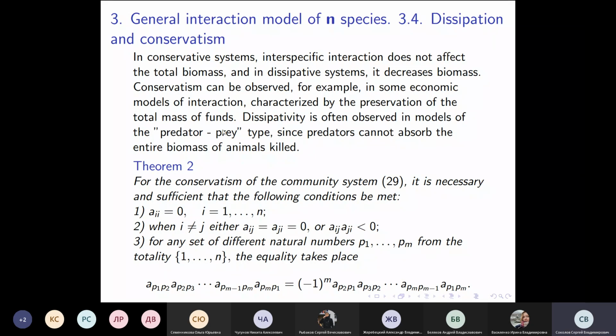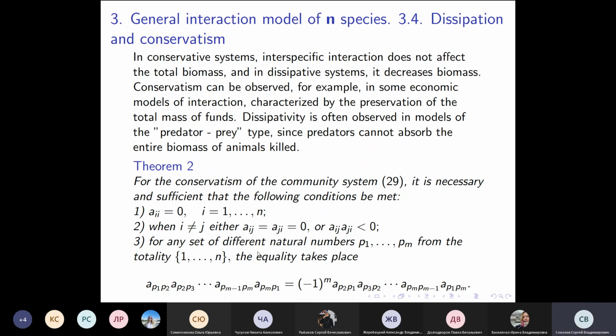So first of all, a theorem for conservatism. If we consider the community matrix, we can prove that if Aii is 0 for all i from 1 to n, and when i is not equal to j, either Aij and Aji are 0, or the product of Aij and Aji must be negative.